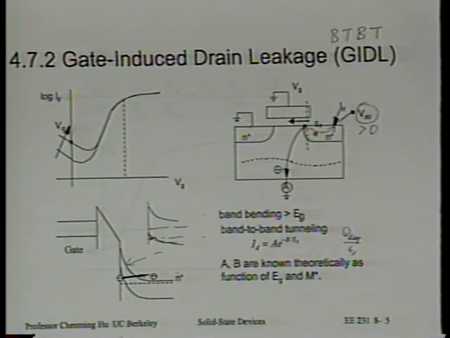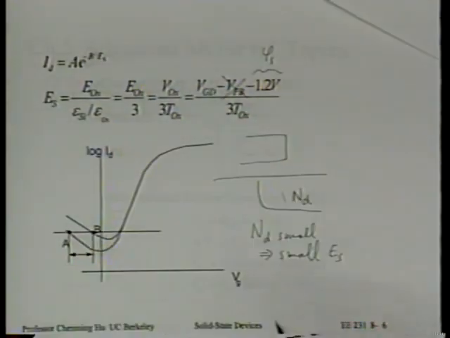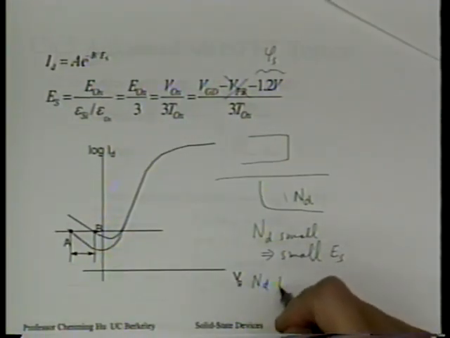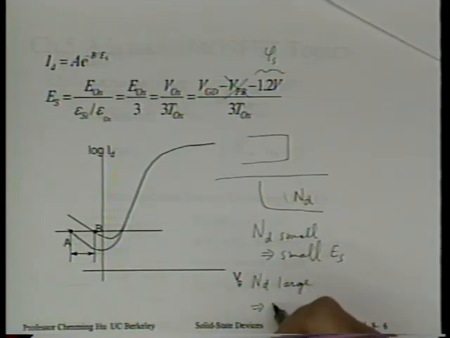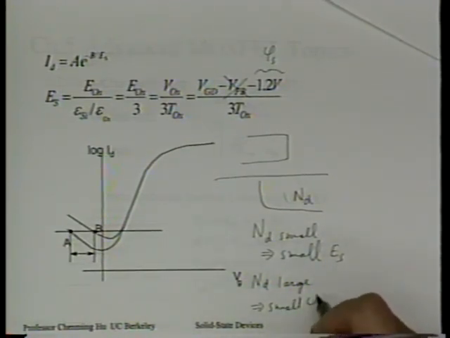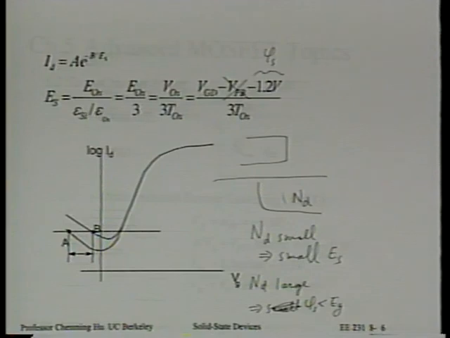Is that right? So we could also suppress this GIDL problem by using a large VD, because that means we end up with very small band bending, small phi s, in fact less than VG. In that case, we will not have the GIDL problem.